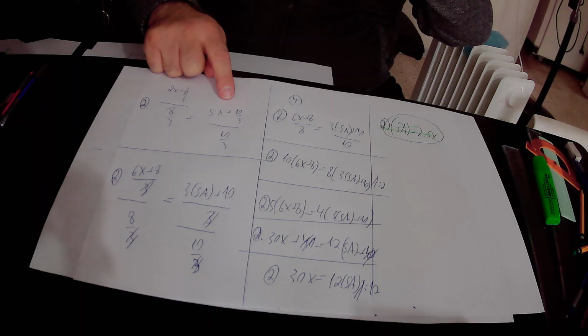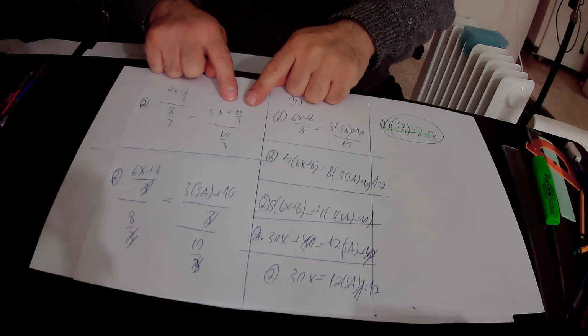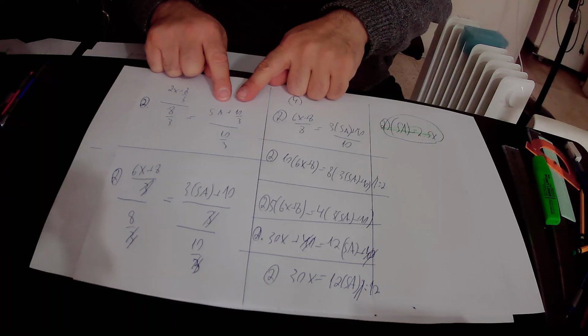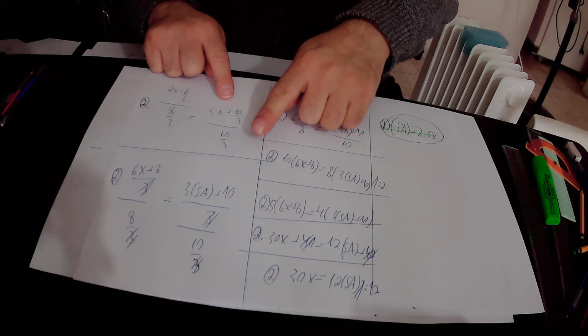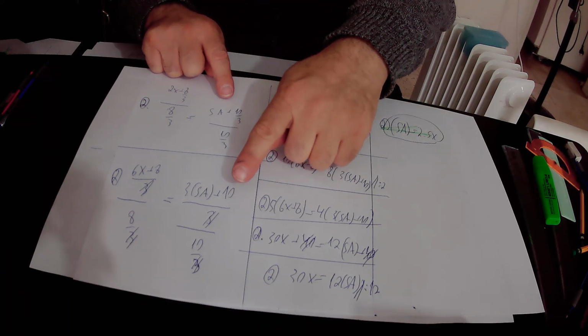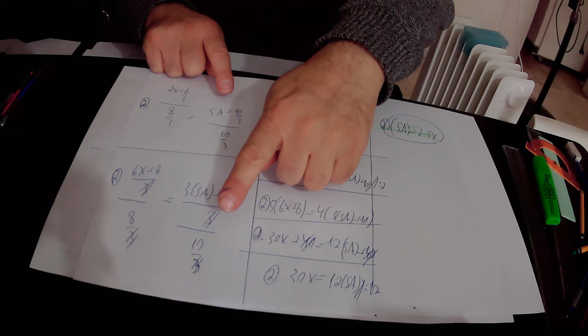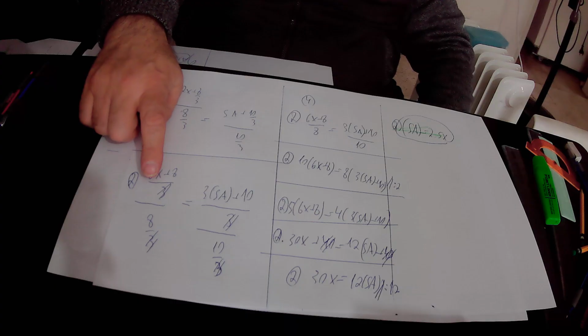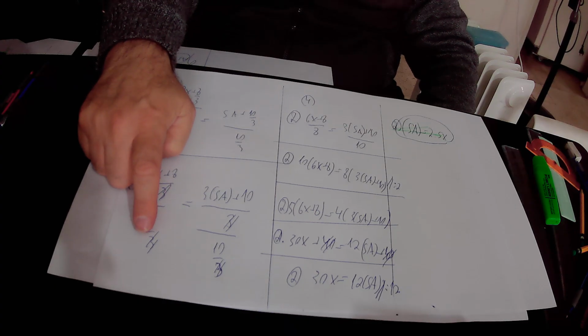Here we multiplied SA by 3 and then divided by 3 in order to have a common factor with 10 over 3. So SA times 3 is 3SA. So in total in the numerator of this expression we have 3SA plus 10 divided by 3, and we have to divide it by 10 over 3. So on this side of the equation we have 3 in the numerator and 3 in the denominator, so 3 will get cancelled.